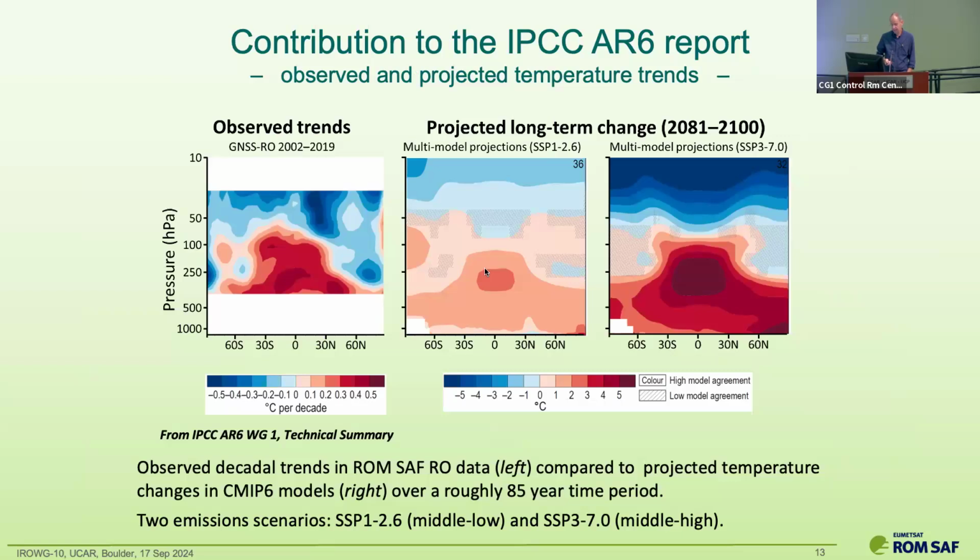So this is a plot that was shown in the IPCC report, where this is our data, and this is trends computed from large means of many climate models. I think around 30 climate models went into computing these trends, with different scenarios here. So that's why we see different trends. And one thing that is clear is that we don't see this asymmetry in the models as we see in the observations.